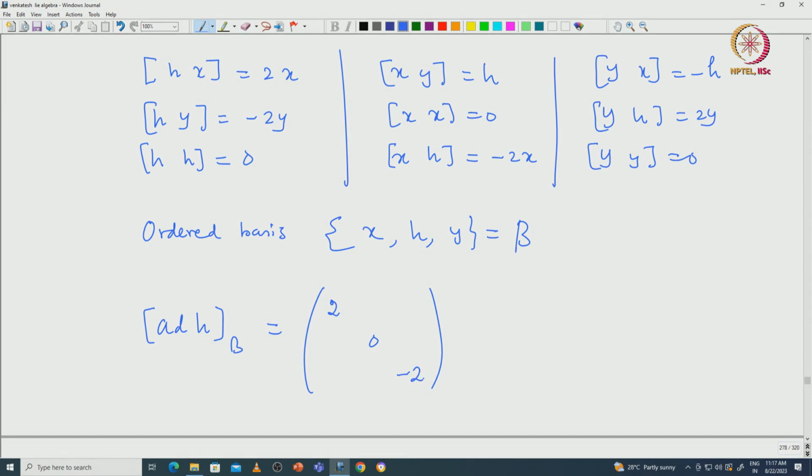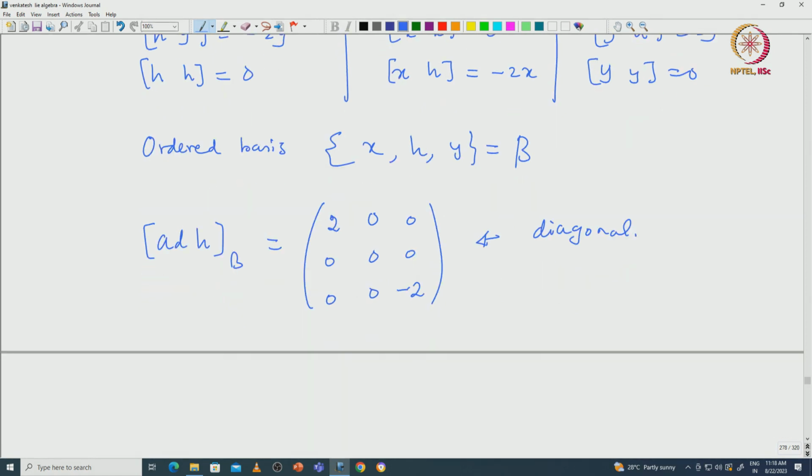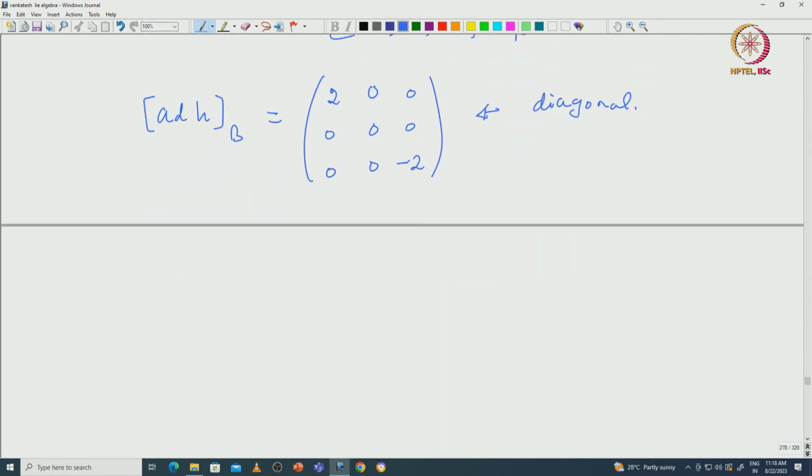So, this is actually a diagonal matrix given by this, with entries 2, 0, minus 2. So, this is diagonal. That means ad h acts diagonalizably on sl2c, that is what we get.